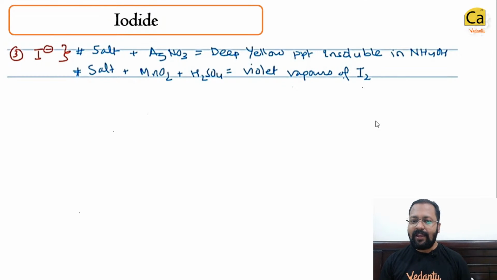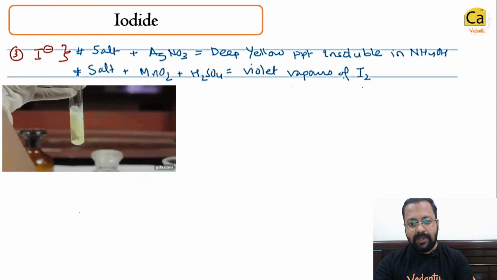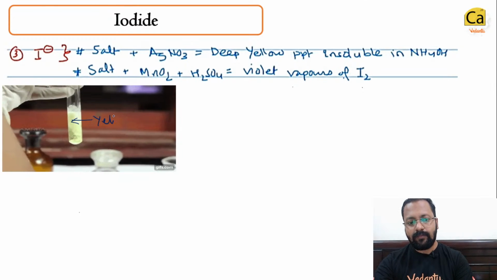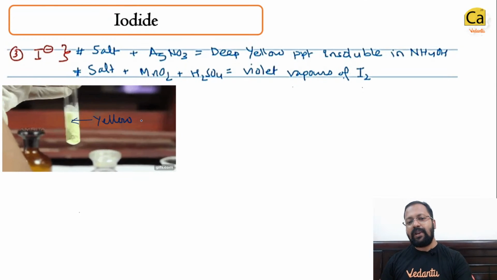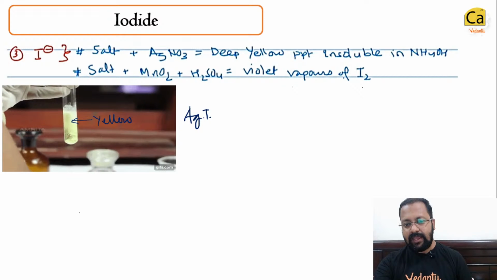So if I take AgNO3, then a precipitate would be obtained, and this precipitate is yellow. Can you see this? The precipitate is yellow. And this precipitate is of AgI.